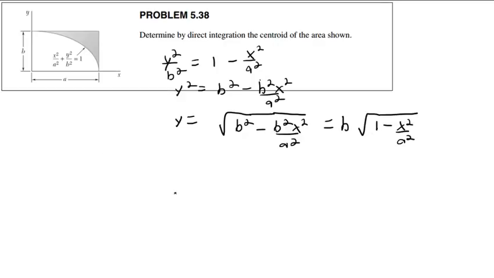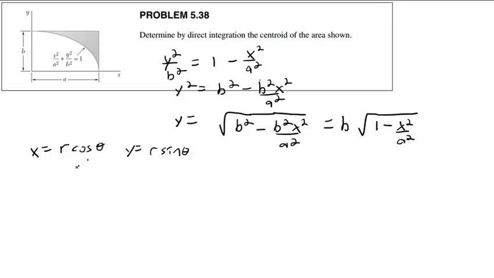But let's see. What if we did it in terms of polar coordinates? What if we say that x equals r cosine theta, and y equals r sine theta? Maybe something like that. Could we do that?